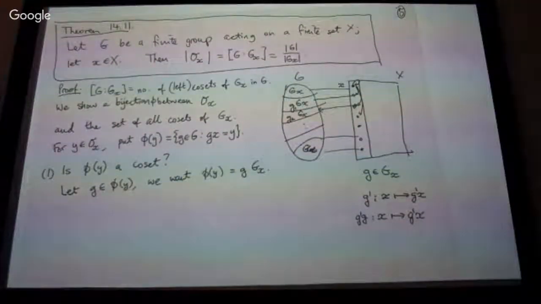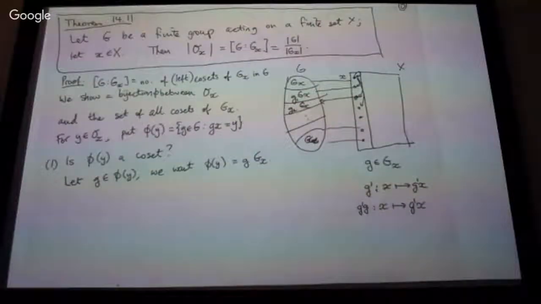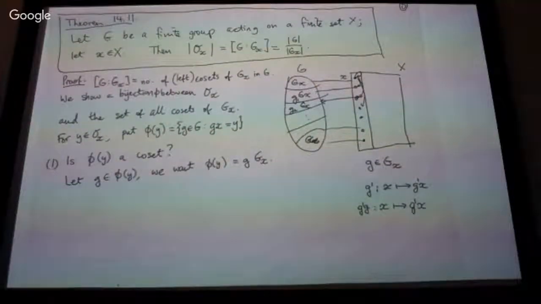So the coset is g times everything in the stabilizer. What's my proof? We want to show that they're equal. If we want to show that two sets are equal, a good way of showing it is usually what?